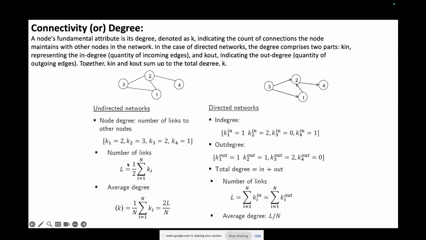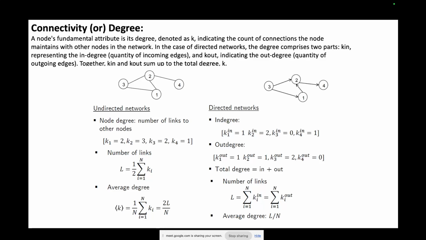The number of links is given by L, which is half of the total sum of the degrees of all the nodes inside the network. For example, if you want to find the number of links for node 2, there are three edges connected to that particular node, and you divide it by 2, giving 1.5.